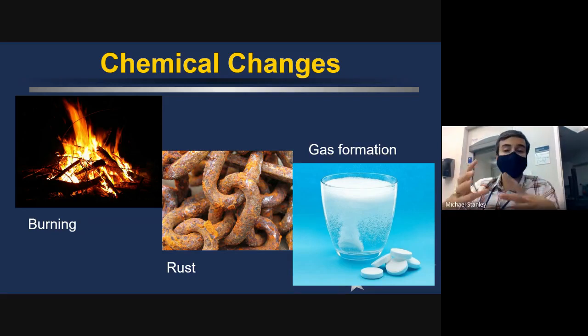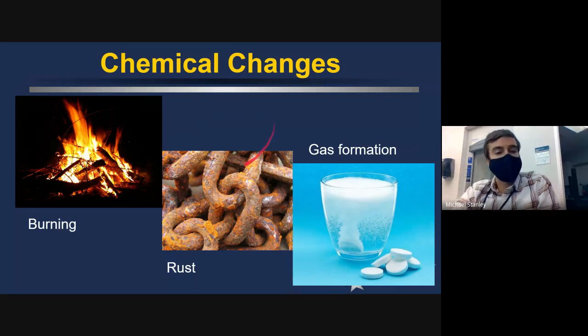So anytime you have any sort of substances changing or producing a new substance, that is when you have a chemical change on your hands. So how can we describe what types of chemical changes that substances will go through?